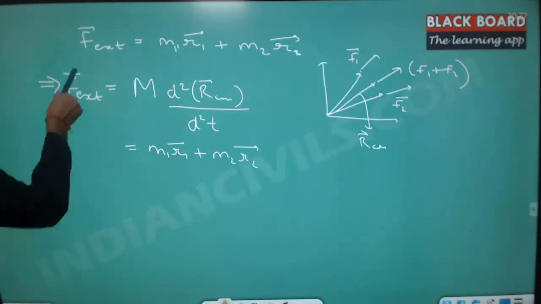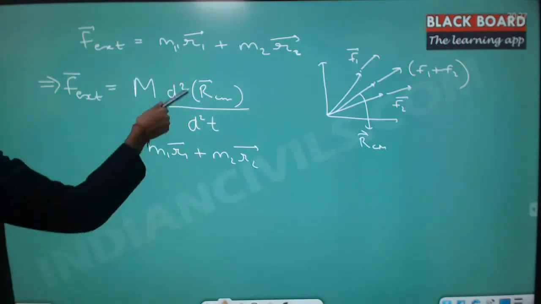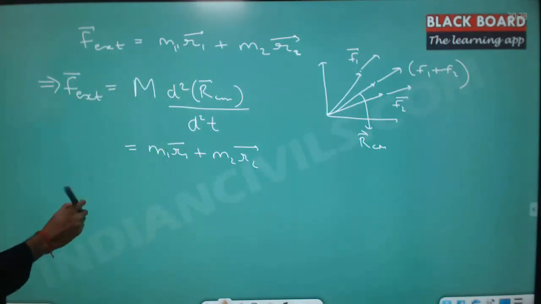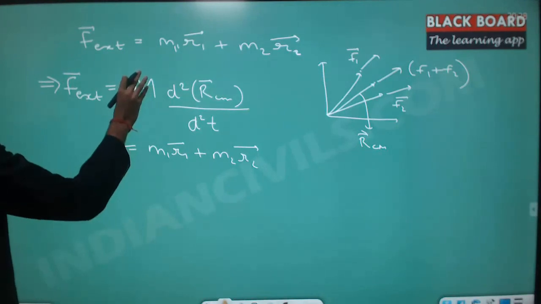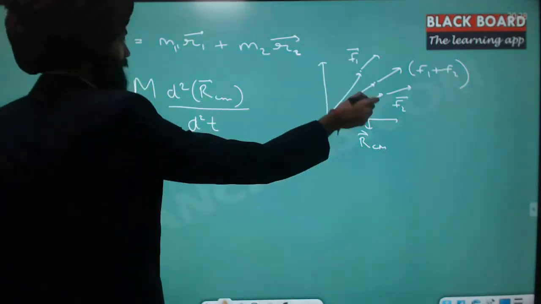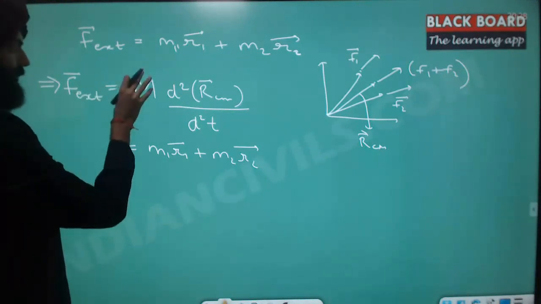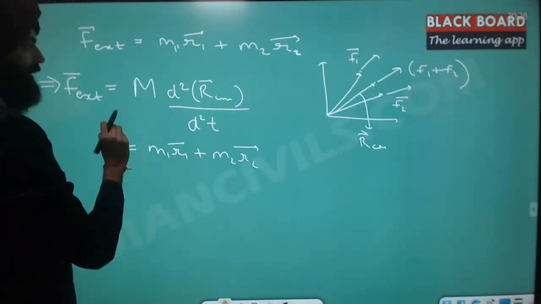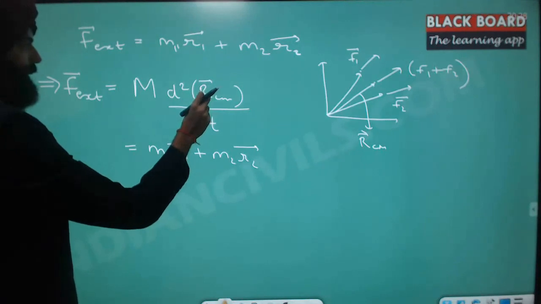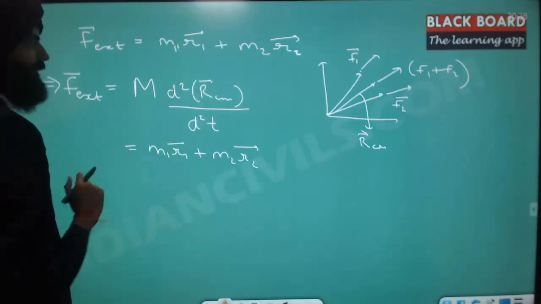Instead of writing F external as before, we have assumed that there is a combined mass of m1 plus m2, a single mass, and this force is acting on this combined mass, whose radial position vector r is our center of mass.